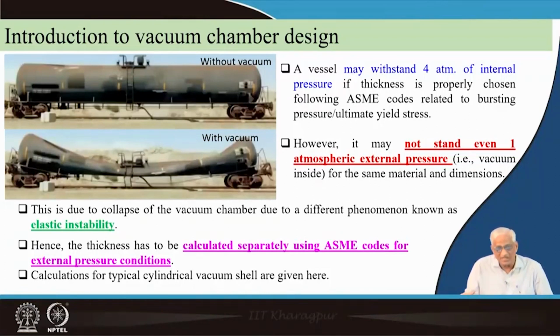You have to take the necessary L, D and thickness guess values, put them in the equations, get the output, and check whether it is okay or not. It is a reiterative calculation. You can do it manually, and if the material is changed, the material properties also come into the picture. Today, of course, good software is also available. We will see all these aspects in the next slide.